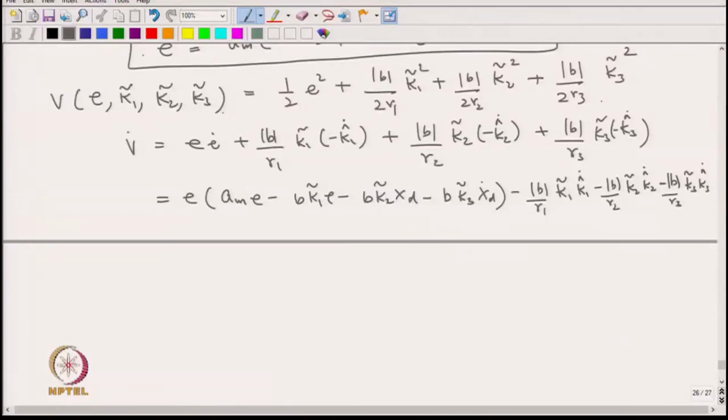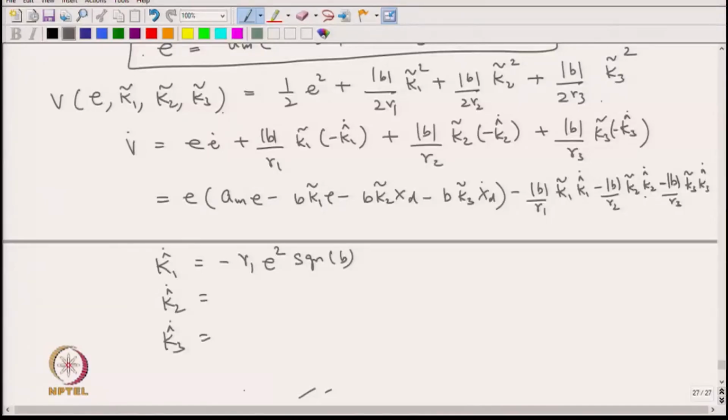Okay, so now let us choose the update laws for k1 hat, k2 hat, and k3 hat. So, k1 hat we want to choose so as to cancel this term involving b k1 tilde e. So, the way to choose this would be to use a minus gamma 1 e square and sign of b.